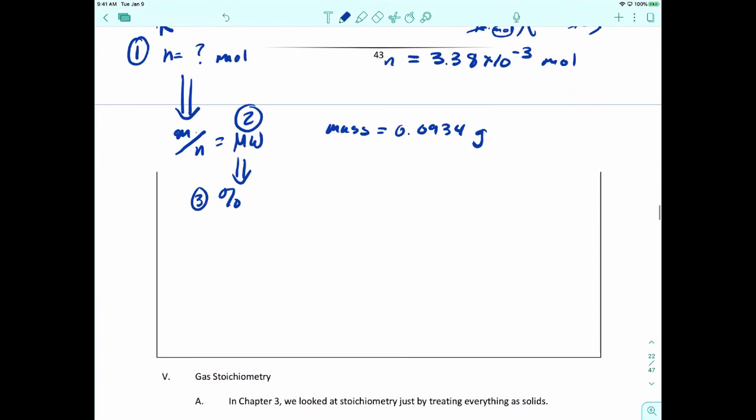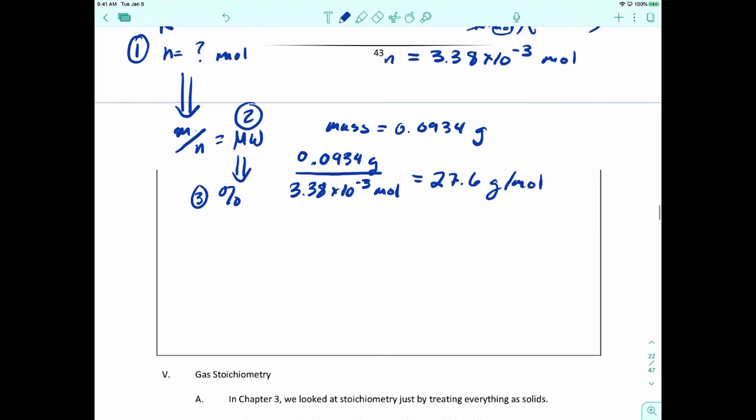So if we take 0.0934 grams, divided by the number of moles that we just calculated, 3.38 times 10 to the minus third moles, and do this math, 0.0934 divided by 3.38 times 10 to the minus third, the number I get is 27.6 grams per mole. So that's our molar mass.